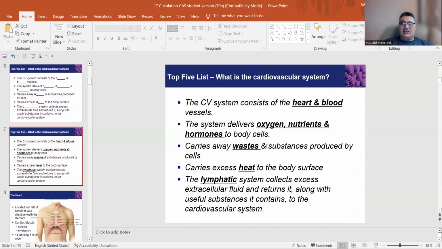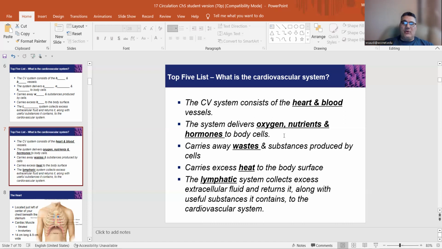So the cardiovascular system is what? Basics. Heart and blood vessels. What do you mean by blood vessels? All types. Arteries, arterioles, capillaries, venules, veins. All of those five together, blood vessels. What do you want to deliver to the cells? Oxygen and nutrients.